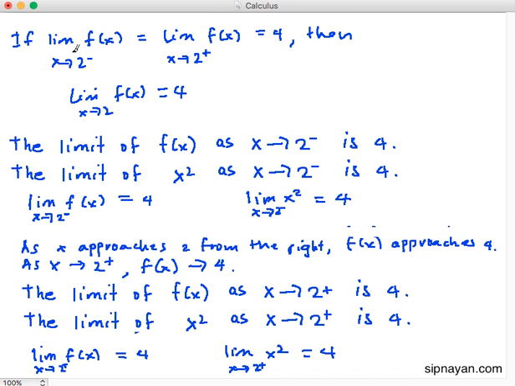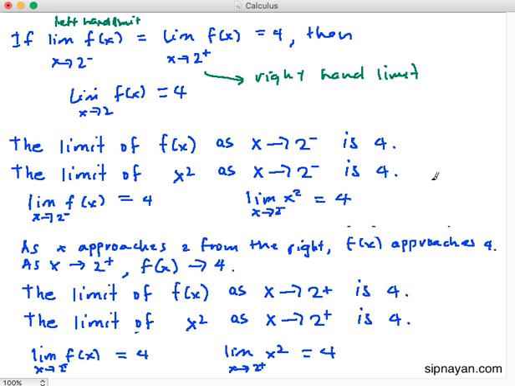Although hindi pa siguro malinaw ngayon, but there are functions na magkaiba yung limit niya, no? Ang tawag pala dito is left-hand limit. The left-hand limit is different from the right-hand limit. So pag magkaiba yung left-hand limit niya at right-hand limit niya, no? This is the right-hand limit. Pag may plus, pag magkaiba yan, the limit does not exist.